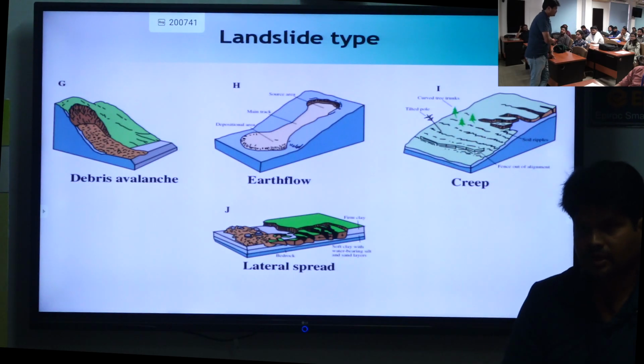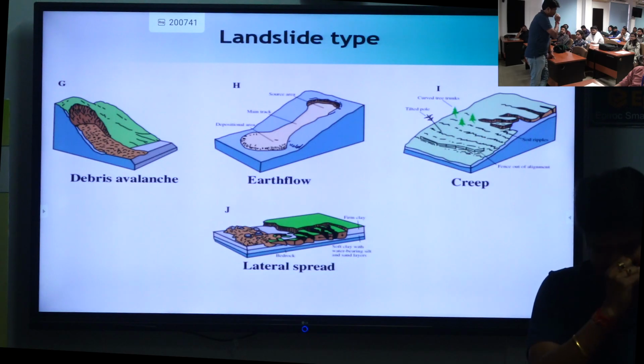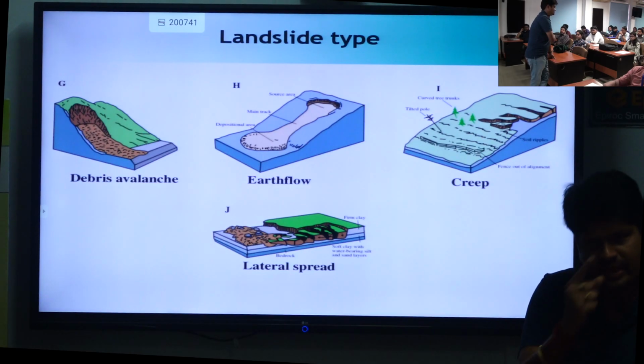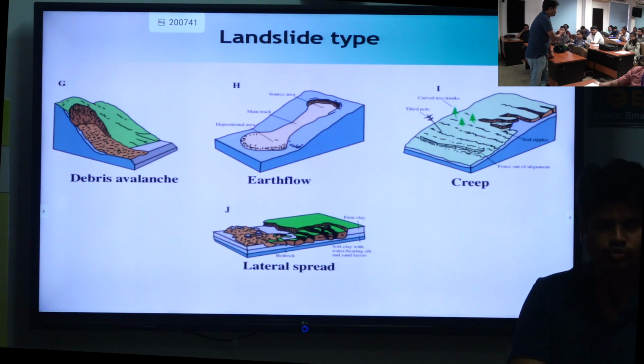So our death toll and our damages are very high, because we don't follow the exact guidelines and we do not build the essential structures that could help.